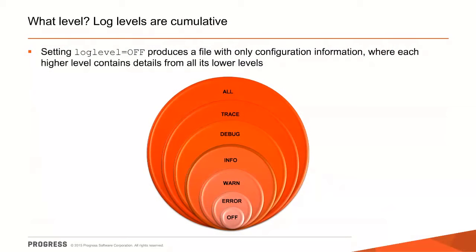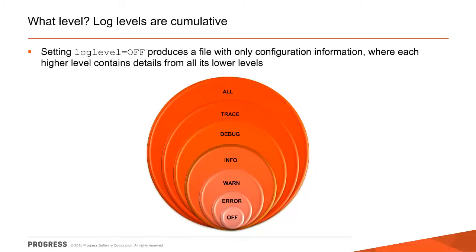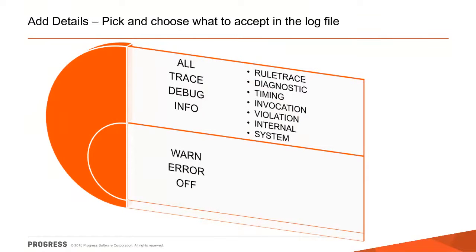Let's take a closer look at the log levels. The lowest level is off, which creates a log file with version details only. The default log level is info, providing basic information. From info to all, you can selectively filter the information by using the log filters except. The log filters except lets you include different types of information emanating from running services to the log.